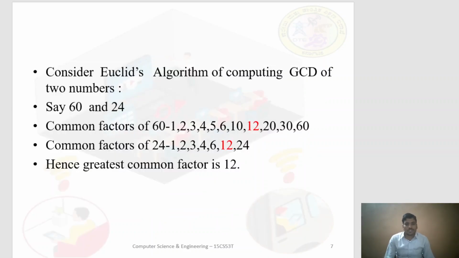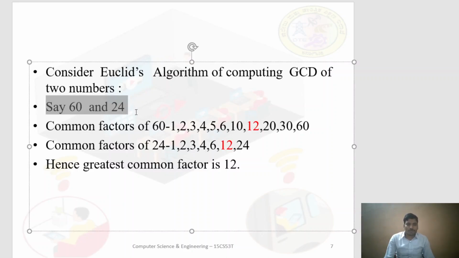So now let us consider Euclid's algorithm problem, that is computing the GCD of two numbers. Say 60 and 24 are the two numbers whose GCD needs to be calculated. How will we calculate the GCD of these two numbers? In the first unit, you learned how to calculate the GCD using Euclid's algorithm.